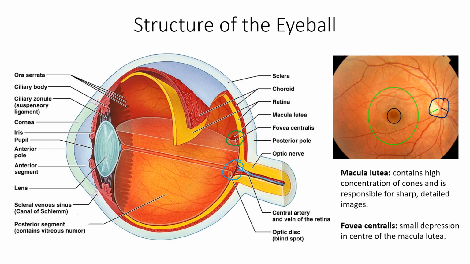Now the macula lutea and the fovea centralis, like I said, are responsible for most of the high resolution vision that you get through the cones of your eye, which we'll talk about in the next PowerPoint. The fovea centralis is actually a small depression, and within the fovea centralis we have nothing but cones, and cones are responsible for high resolution color imagery.